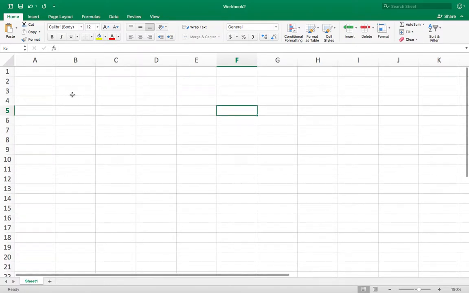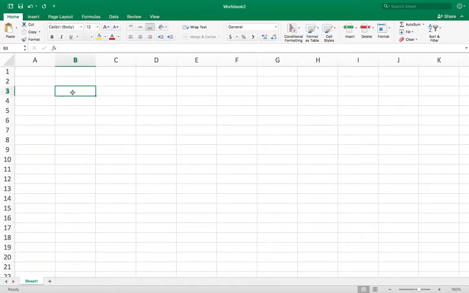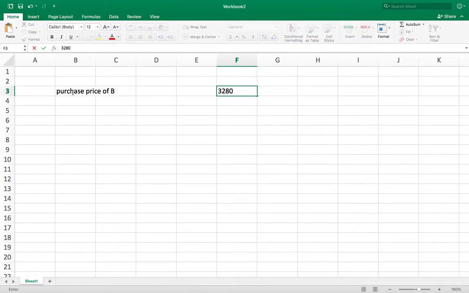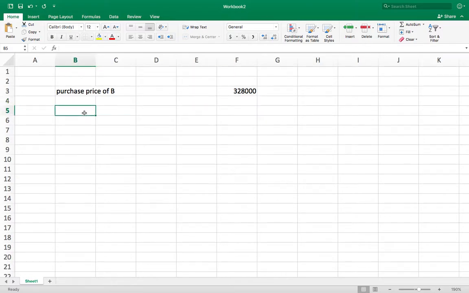Okay, so we're gonna start by recording the cost. Purchase price of B is $328,000. And what was the value of company B at 100%?